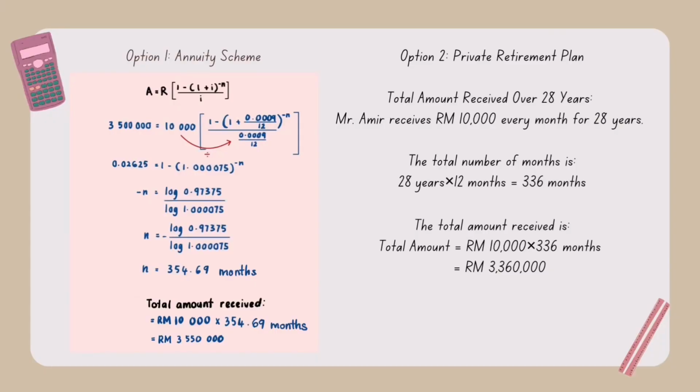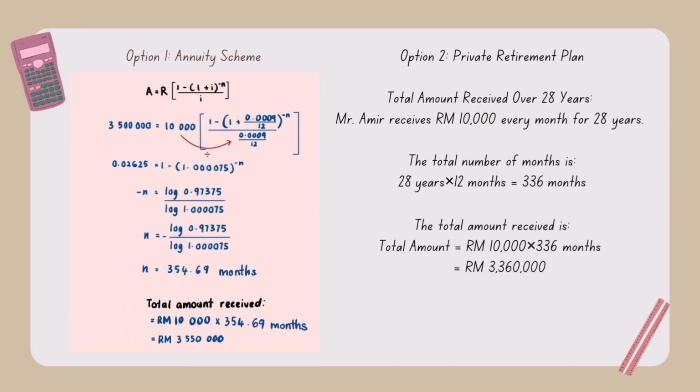To determine which option Mr. Amir should choose, we need to calculate the present value of the annuity payments he would receive from both options and compare them. To solve this question, we must use the present value formula. First thing first, let's calculate the option 1 annuity scheme.